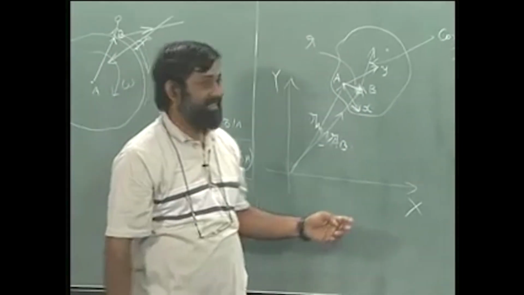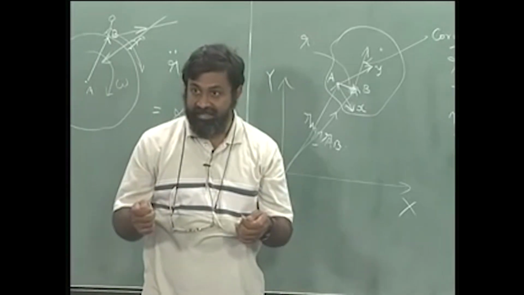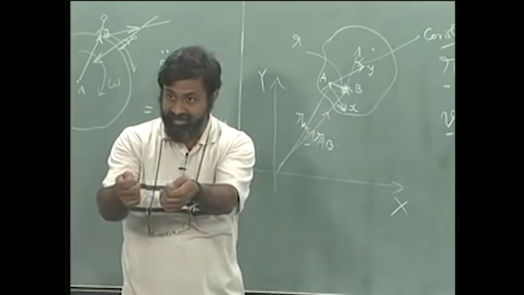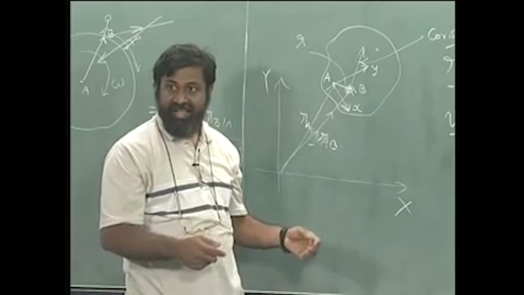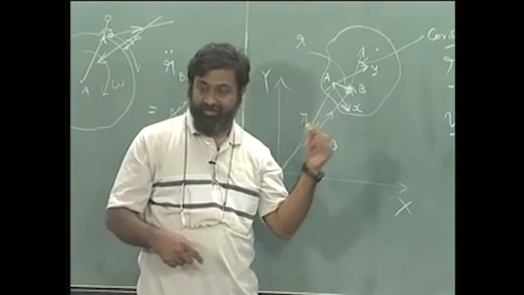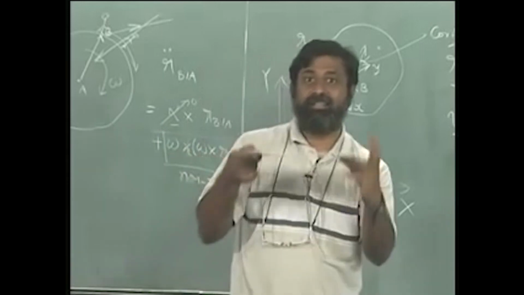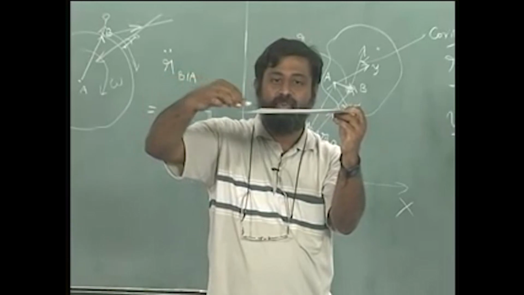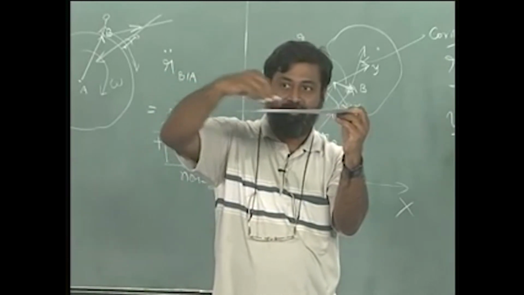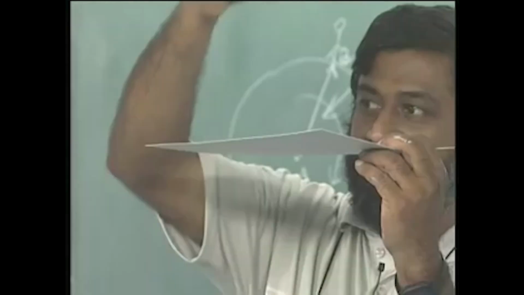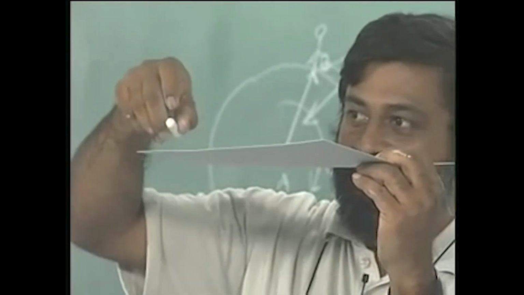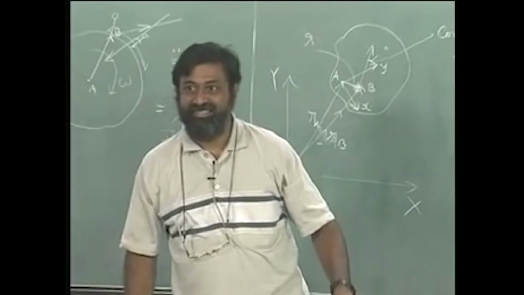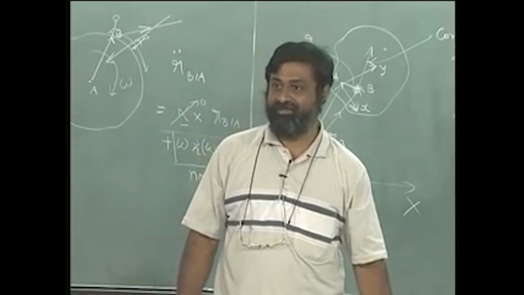What will happen is there will be an acceleration that he will experience, which will be perpendicular to the velocity that he sees and perpendicular to the direction of the rotation. Let us say he is moving towards the center; perpendicular to this and perpendicular to this is a direction like this. So he will see himself being pushed like this, and that is what is called Coriolis force.